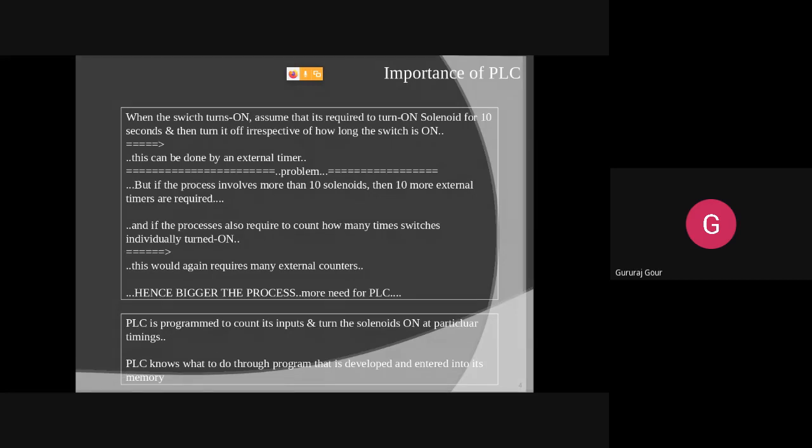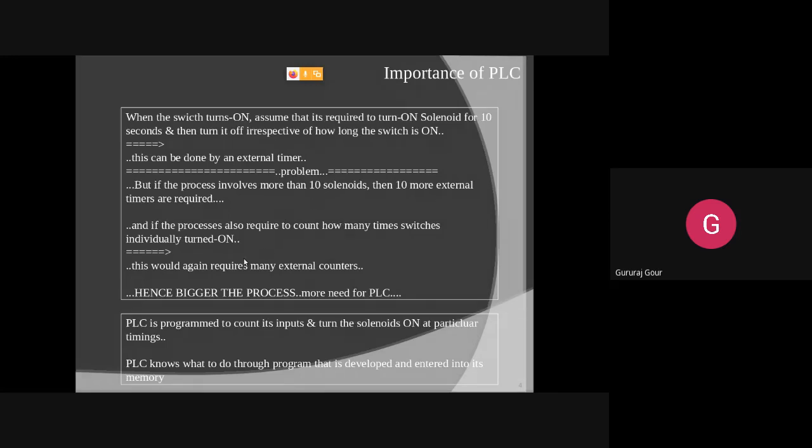If you have more than one solenoid, then you will get the problem of having dedicated timers that will incur more hardware cost. Along with that, now the problem is only one thing: you turn on the switch, the solenoid will be turned on only for 10 seconds, then it will be turned off automatically.